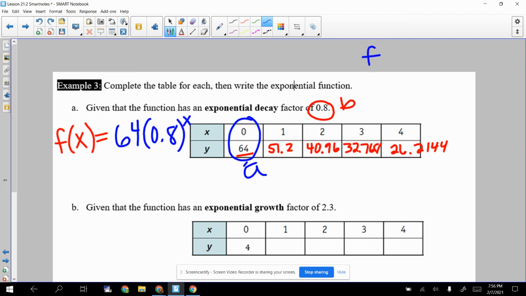Okay, so if you want to kind of jot yourself that note, remember we said this is our function.